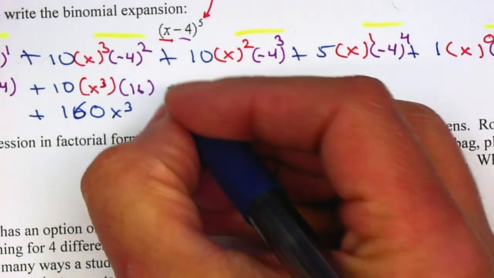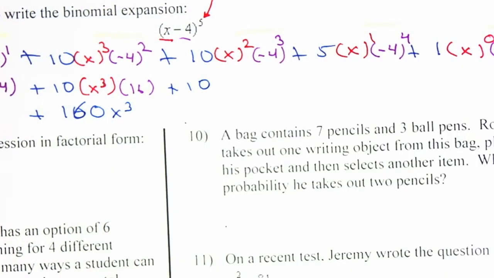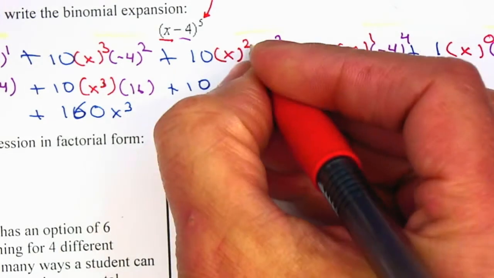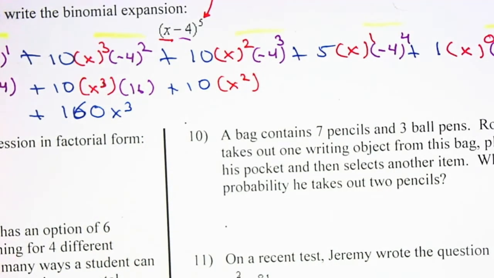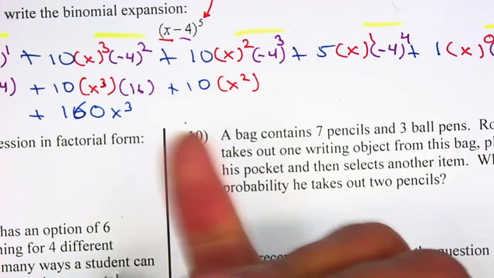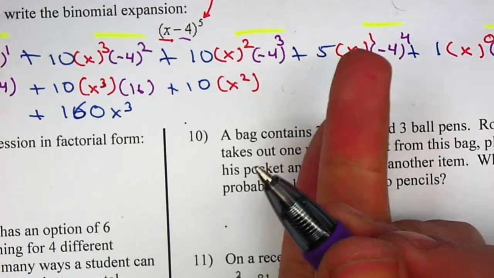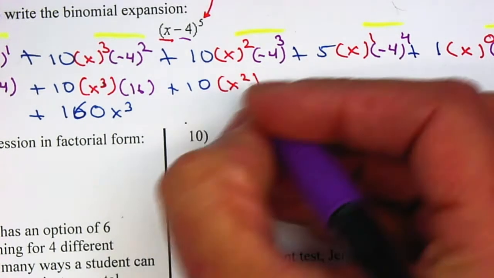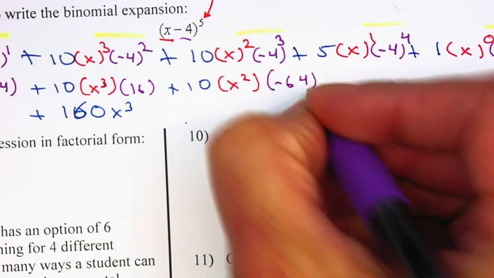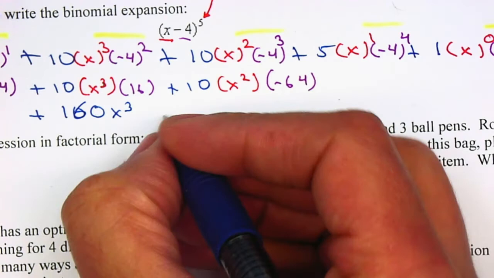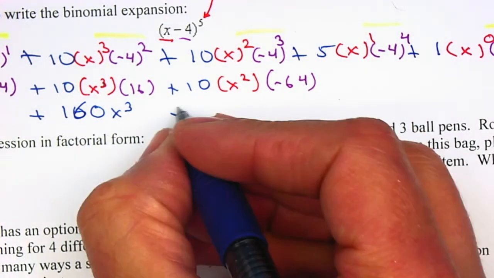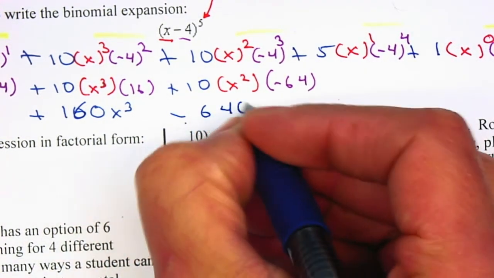We have positive 10, x squared, and negative 4 to the third power: negative 4 times negative 4 is 16, times negative 4 is negative 64. Multiply by 10 gives me negative, since positive times a negative is a negative, 640 x squared.